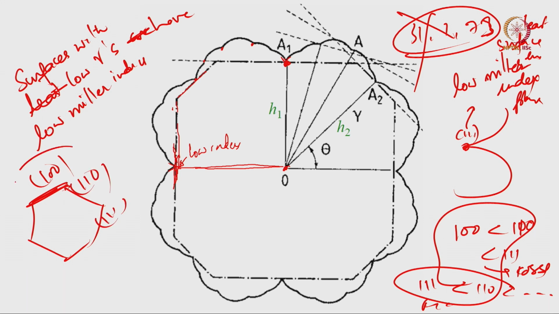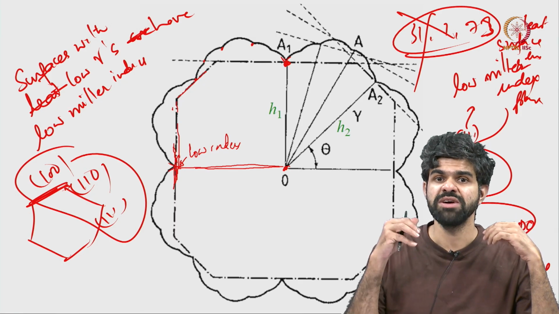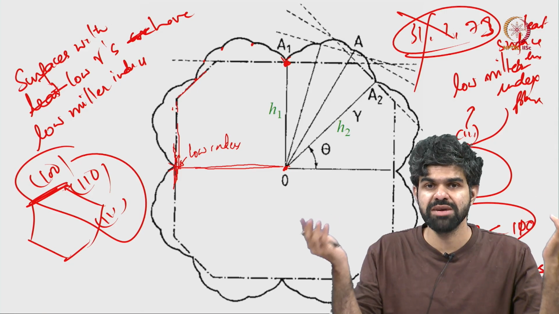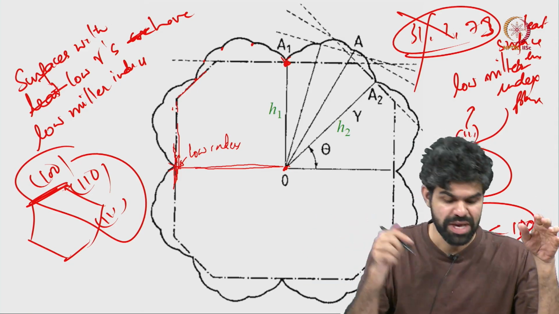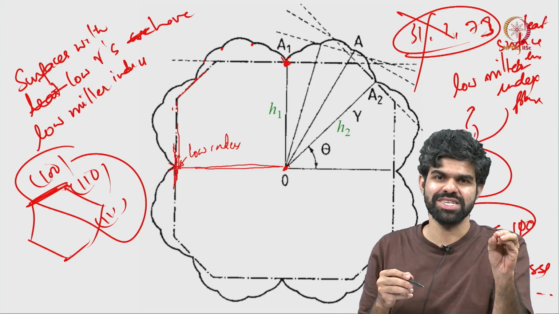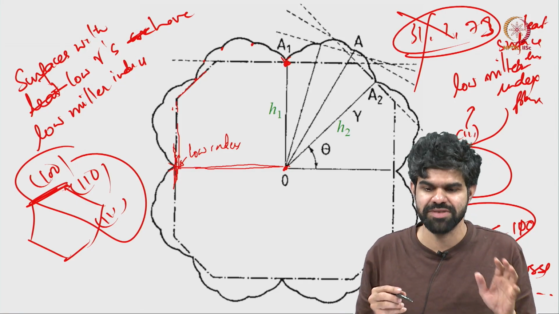Nothing fancy, I am not terminating a crystal with 10 to 330. That is going to be a very unstable crystal or unstable facet, that will again split itself up into these low Miller index surfaces. That is very important, low Miller index surfaces.